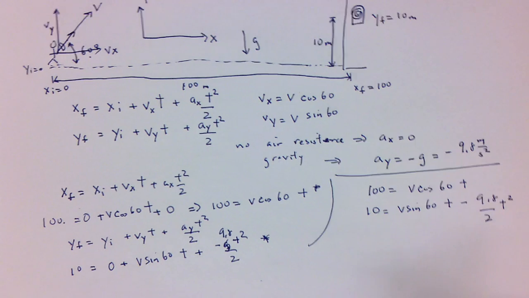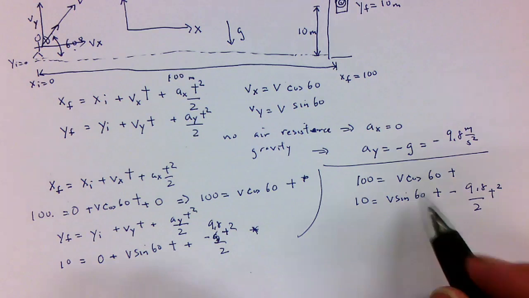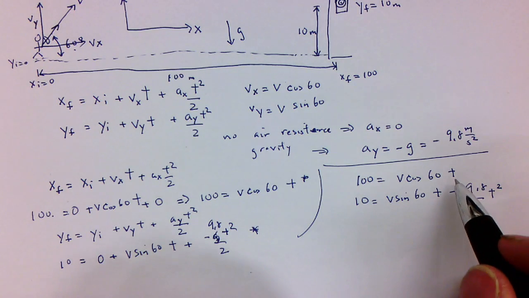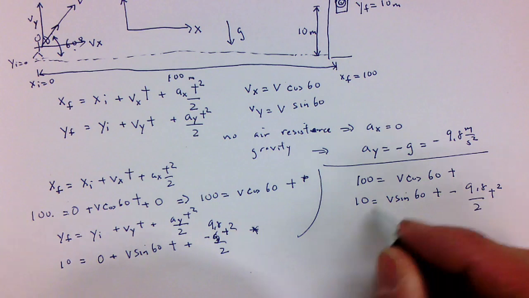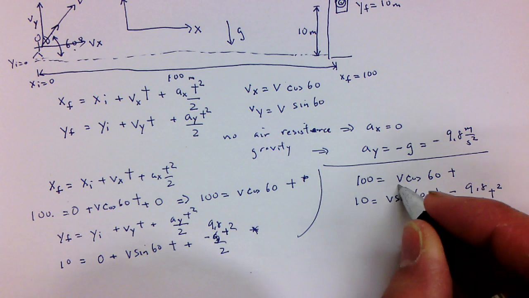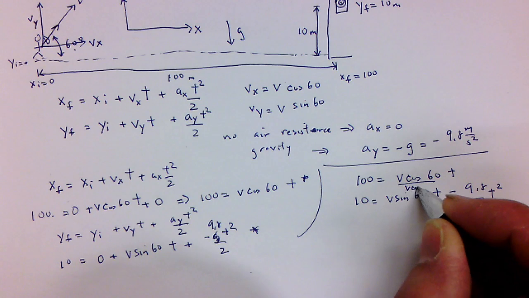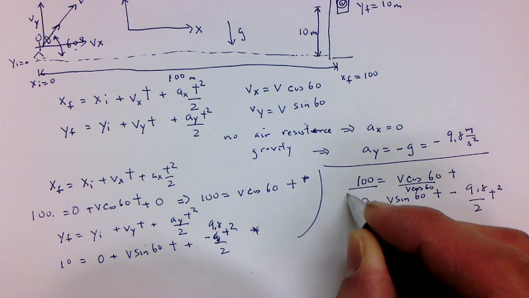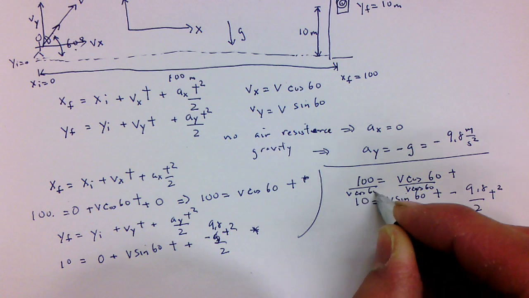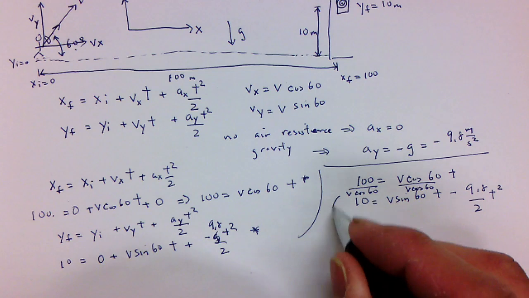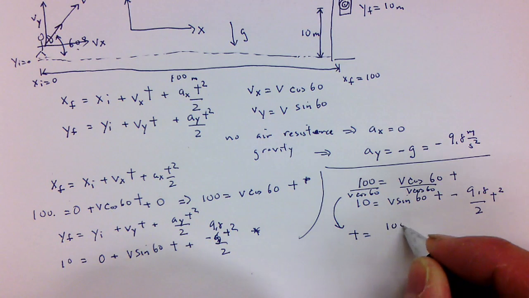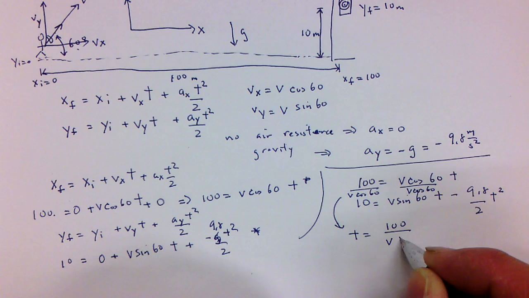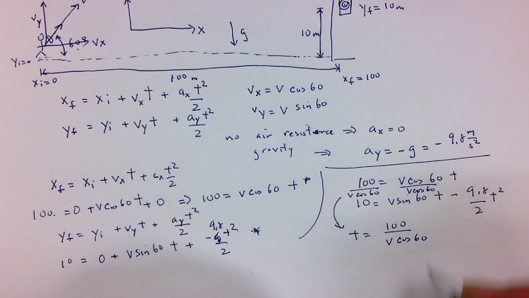Let's just solve it. Remember the strategy: we're going to solve for t here and then plug the t into this equation. This equation, we divide by v cosine 60, so that gives me t is equal to 100 divided by v cosine of 60.